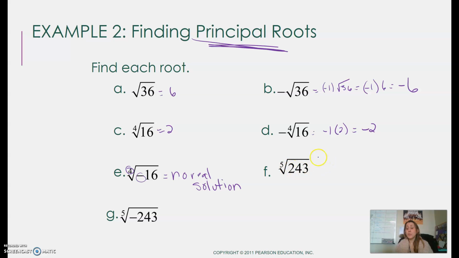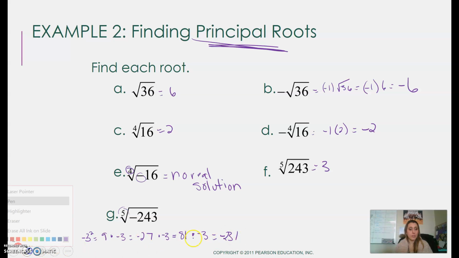The fifth root of 243 is 3. And the fifth root of negative 243, we're going to have to figure this out. So negative 3 squared is positive 9, times negative 3 is negative 27, times negative 3 is positive 81, times negative 3 is a negative 240.